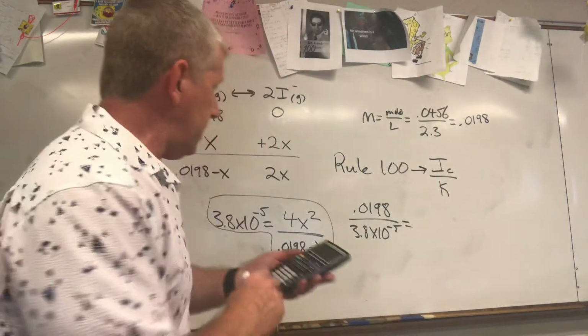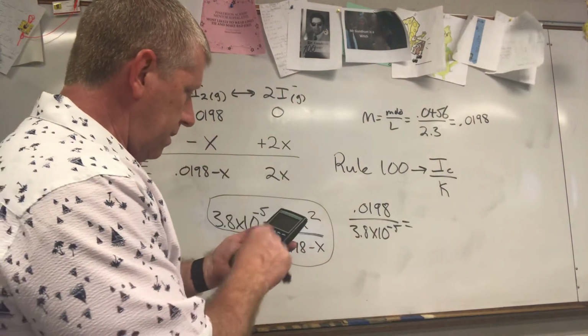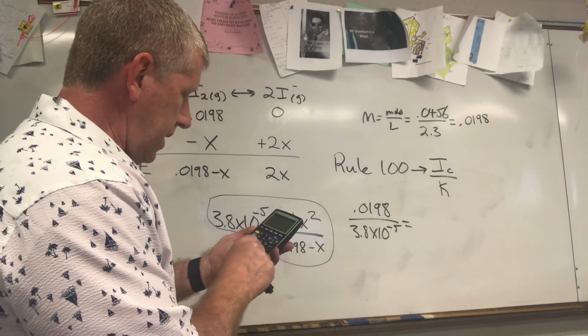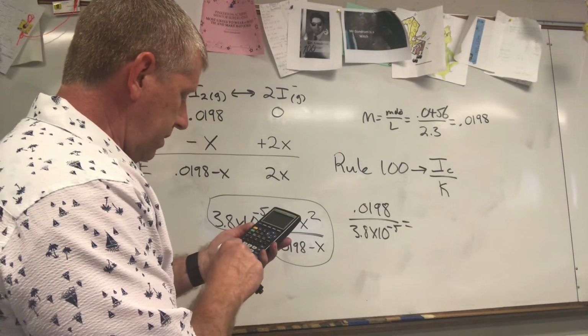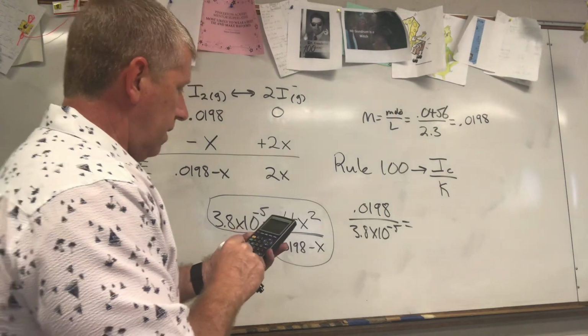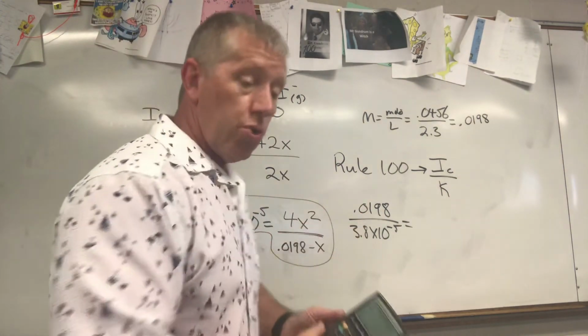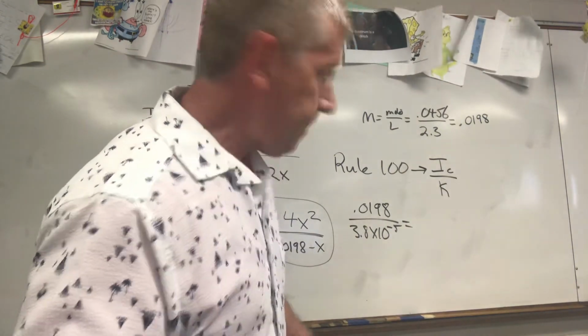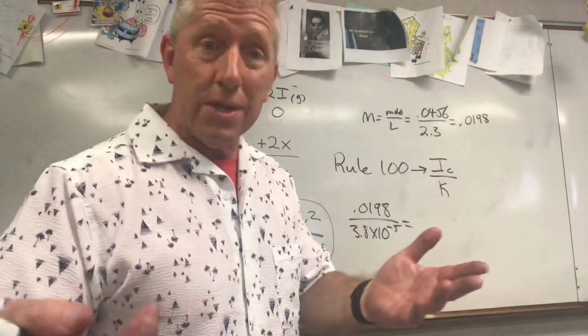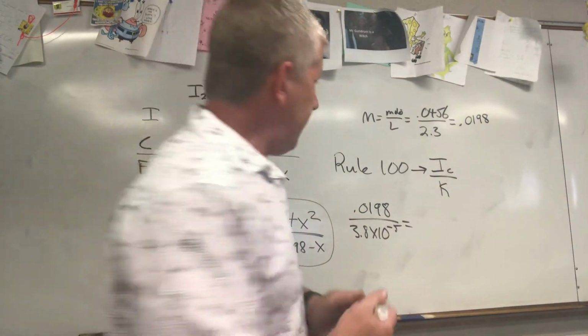So it is going to be bigger than 100, but let's get a number on it. Trust but verify. 0.0198 divided by 0.000038, and we get not 1,000, but 521. Okay, 520, depends what these numbers are as well. So it comes out to be, but we can tell that it was going to be greater than 100. 521.